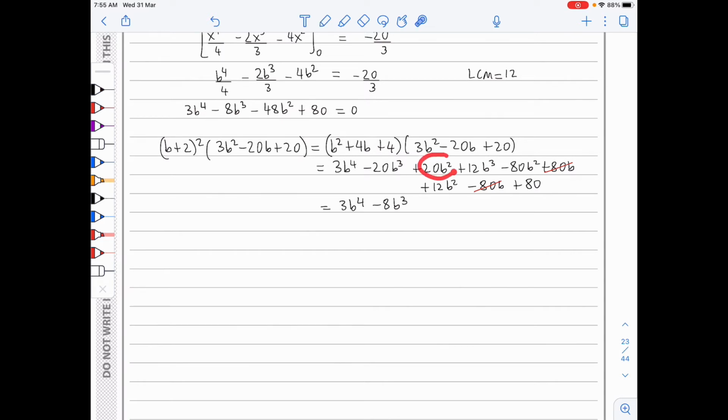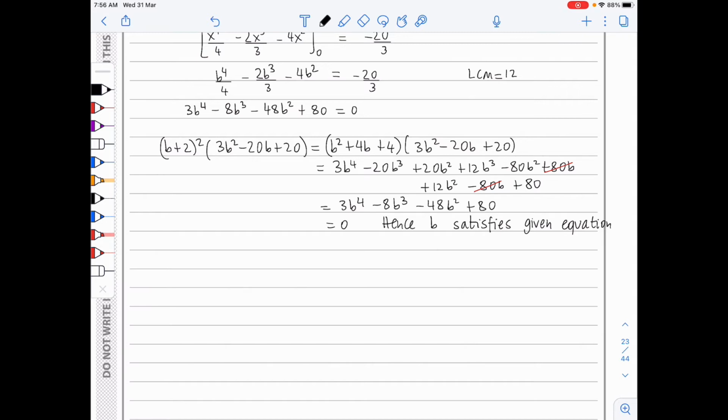The b squared terms, 20 minus 80 plus 12, it's minus 48b squared plus 80, and this is 0. Hence b satisfies the given equation. The fact that the prompt here was for us to verify is an indication that we can use the printed answer to show the given result.